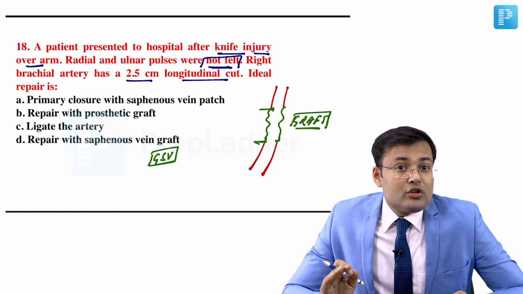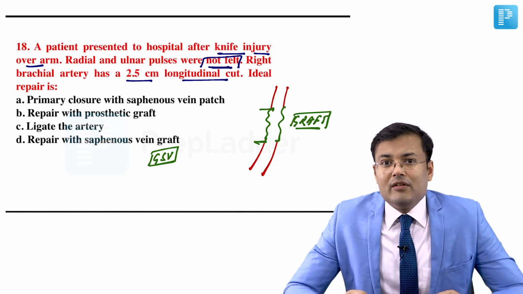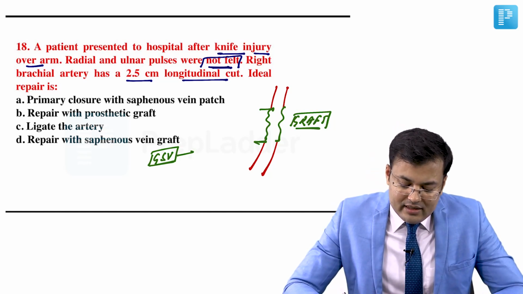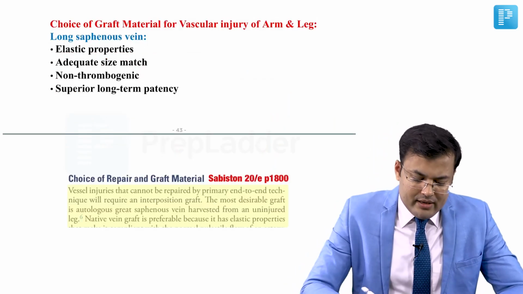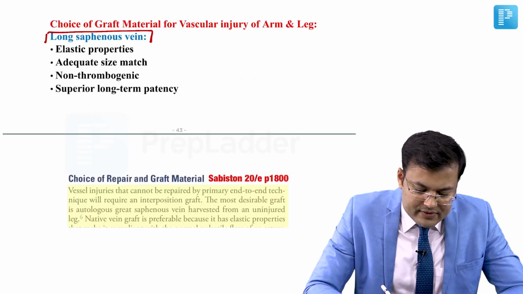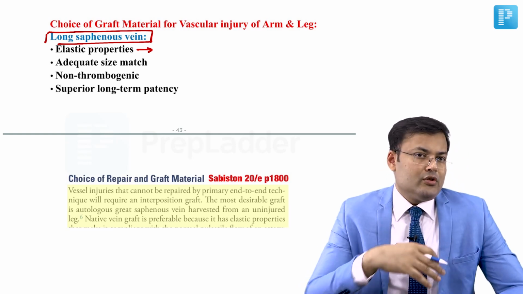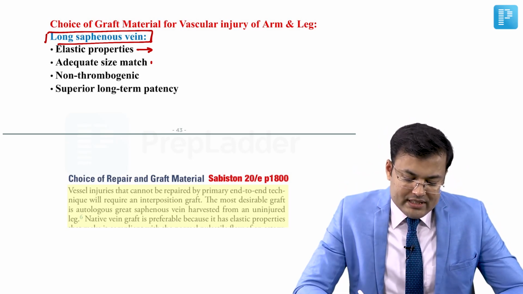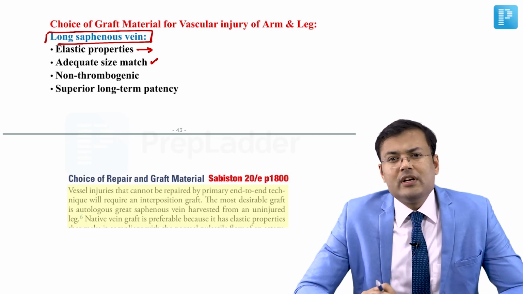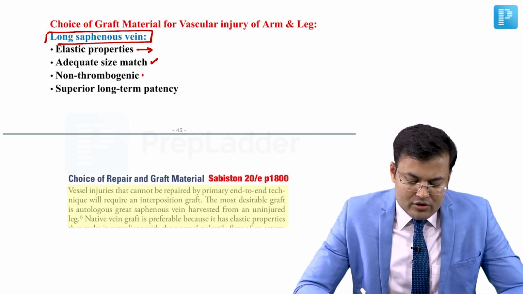But whenever the smaller arteries of the arm or leg are involved, the great saphenous vein is an ideal graft. So why is the long saphenous vein ideal? Because of its elastic property, so it is compliant with the pulsation of the artery. Second, adequate size match, so the size is approximately that of the brachial artery. It is non-thrombogenic.